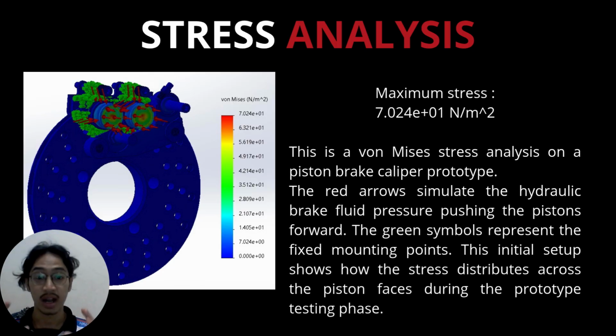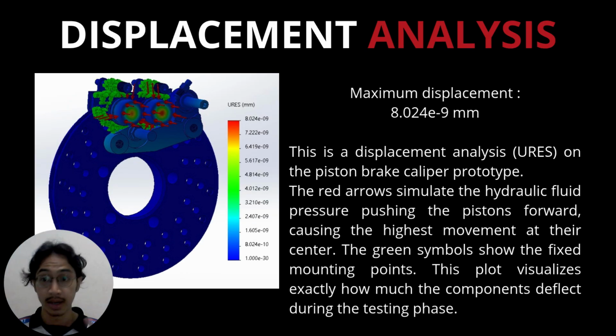Our maximum calculated stress is very low at 0.224 Newton meter per second. This initial run confirmed that our setup is working correctly and the design can safely move on to the next. Next, let's move on to the displacement analysis.